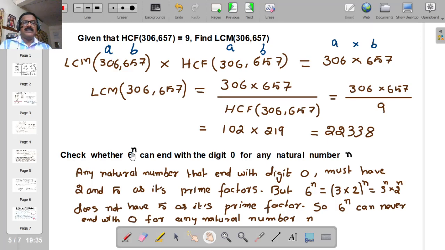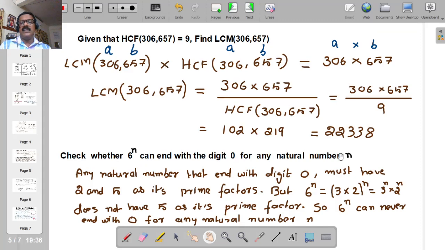Check whether 6 raised to n can end with the digit 0 for any natural number n. We have to check that a number of the form 6 raised to n can end with a digit 0, where n is a natural number. We know that for any natural number to end with a digit 0, it should have 2 and 5 as its prime factors.